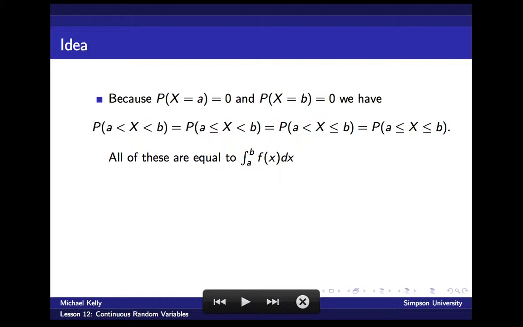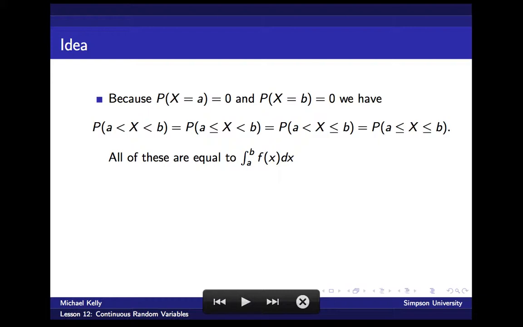So remember that for a continuous distribution or a continuous random variable, the probability of getting a particular point is 0. And therefore the probability that x equals a number a is 0, and the probability that x equals a number b is also 0. So inequalities in this case don't matter, whether they say less than or equal to.